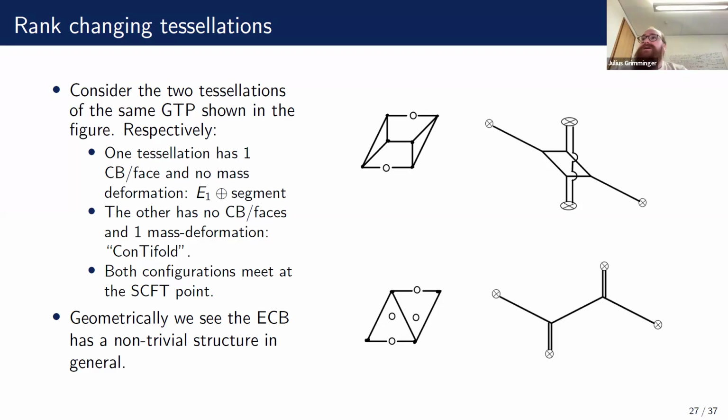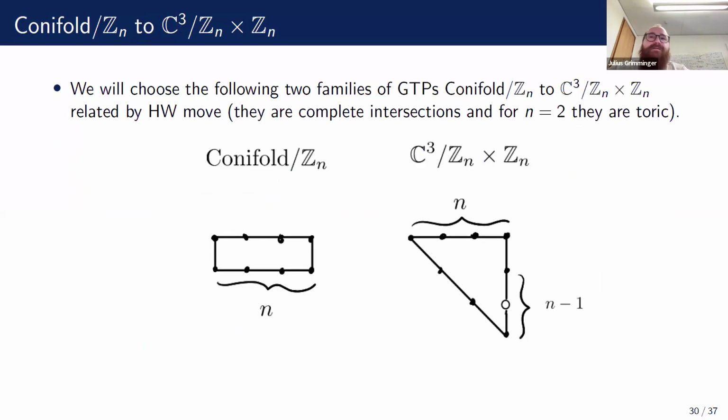For example, you showed the conifold mod Zn versus C3 mod Zn times Zn. And here, if we put all black dots, you say it's the same Hilbert series, and now you can actually do the Higgsing to get the white dots, which was then the same SCFT as on the left. So here it would be Higgsing that stays within its equivalence class. Do you have any interpretation of this?